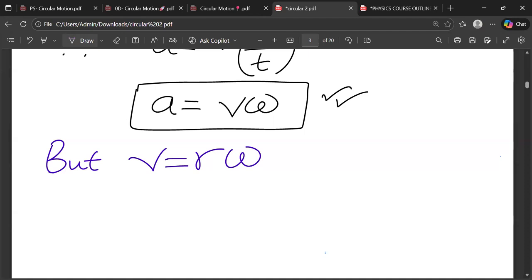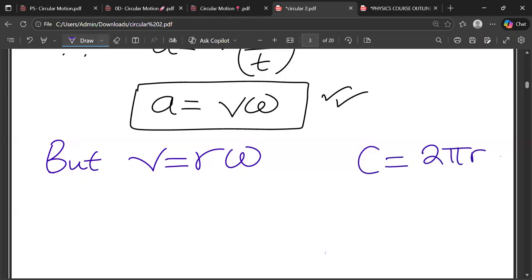Someone may be like, I've already forgotten that. How does it even come about? You people, you're not supposed to forget. At least tell me one thing. You recall that circumference is 2 pi r. In case it is not circumference, it can be any displacement.